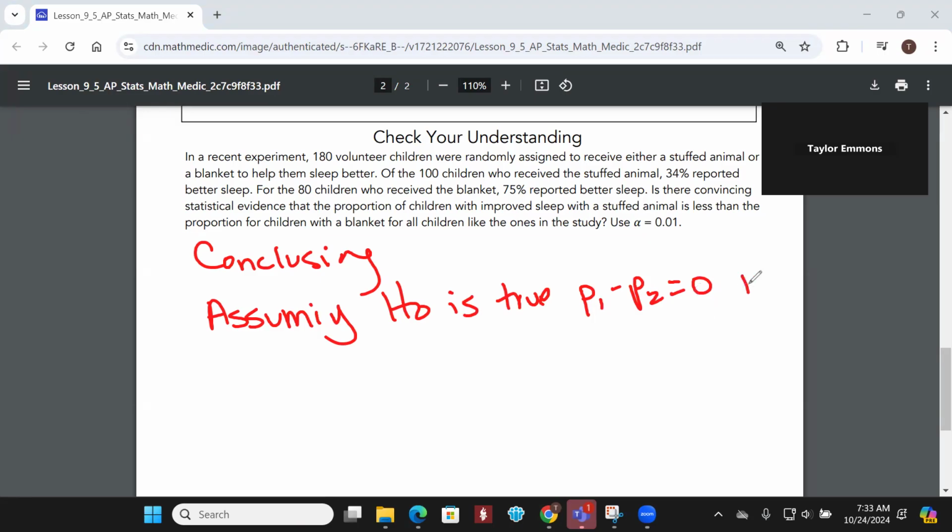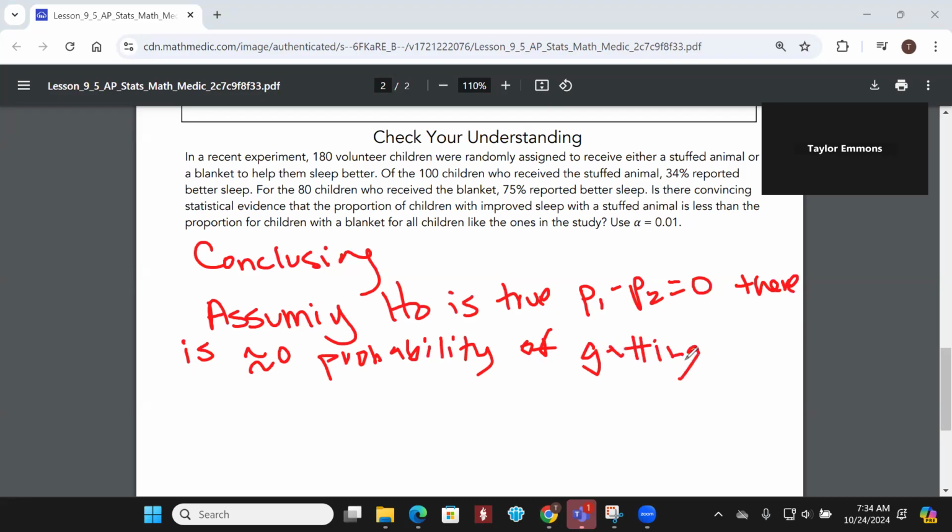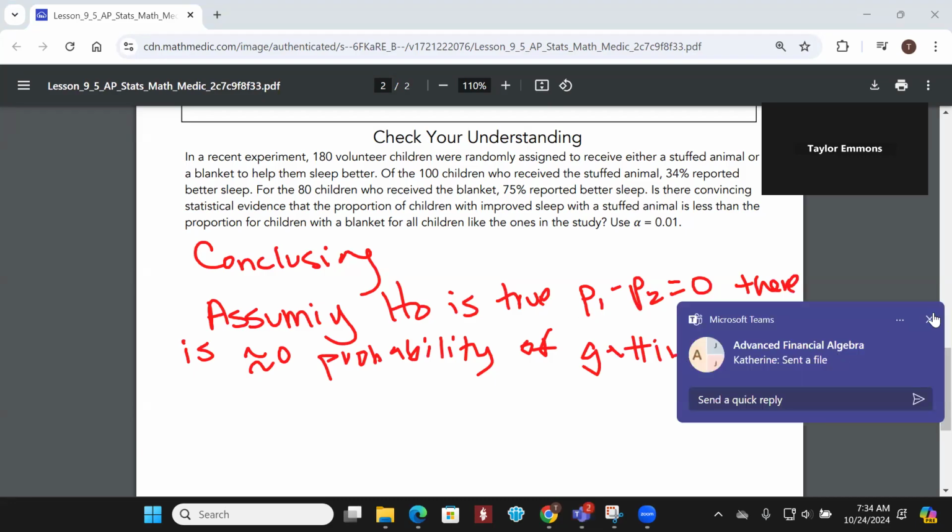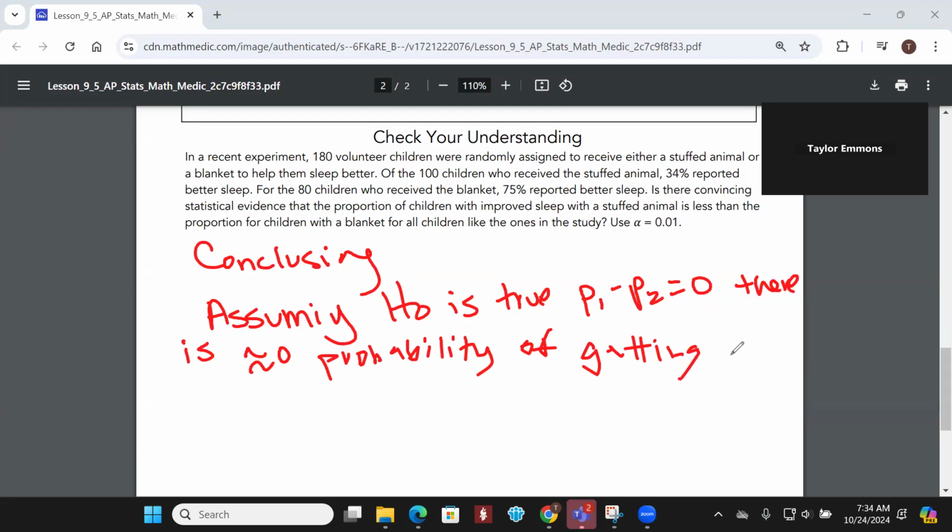There is about 0 probability of getting negative 0.41 or lower purely by chance.